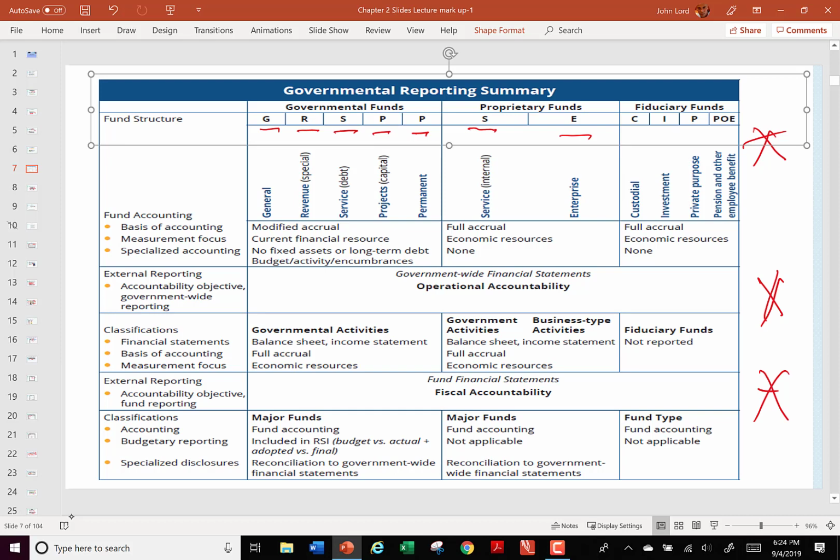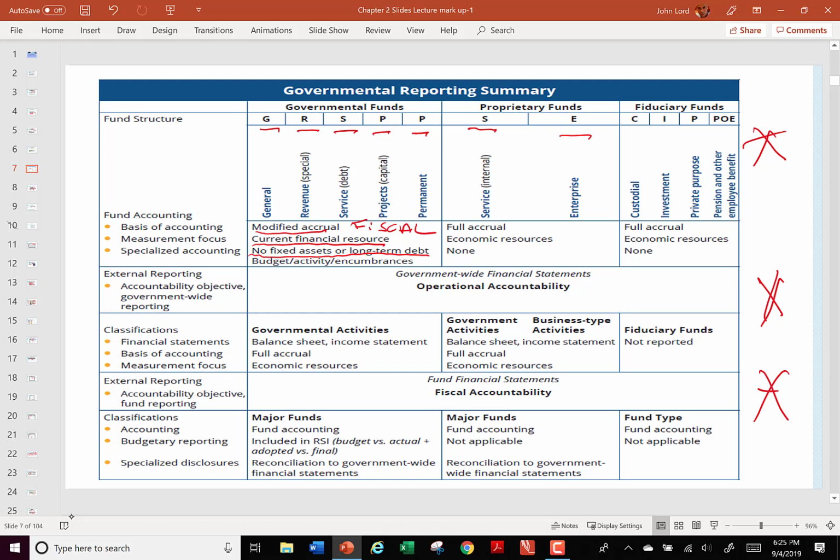Now, notice that we are showing you that for the GRASP funds, we're going to use modified accrual accounting, current financial resources measurement focus, and even though they didn't put it here, I'm going to write it in. What type of accountability? Fiscal accountability, right? Okay, modified accrual accounting means there are no fixed assets, no long-term debt, no long-term items. Everything is current.